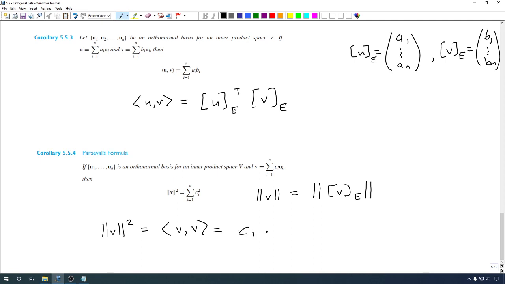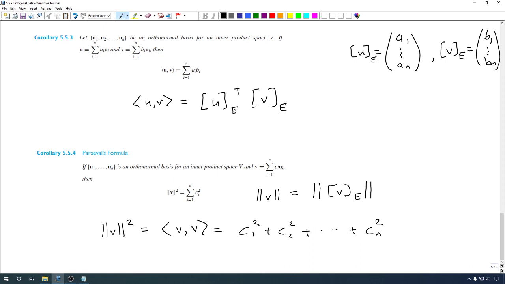So we have c1 times c1, so c1 squared. Then c2 times c2, so c2 squared, and so on and so forth. So really, this is just a version of the previous one.